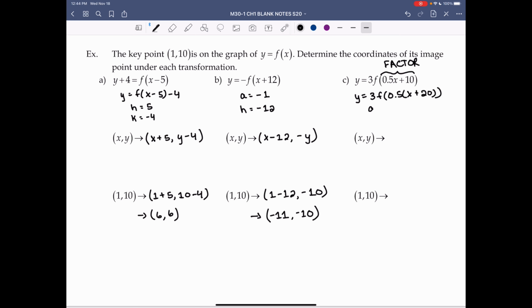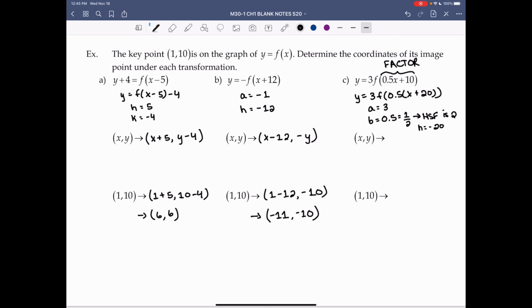Then a equals 3, b equals 0.5, which is 1/2, which means our horizontal stretch factor equals the reciprocal of b, which is 2. And then h: x plus 20, so h is negative 20.